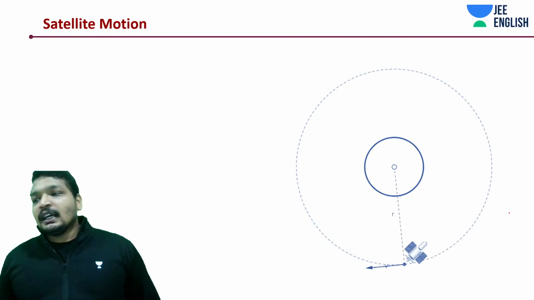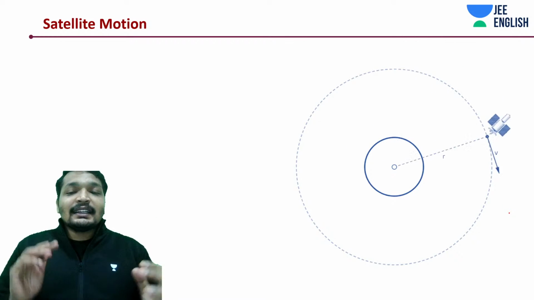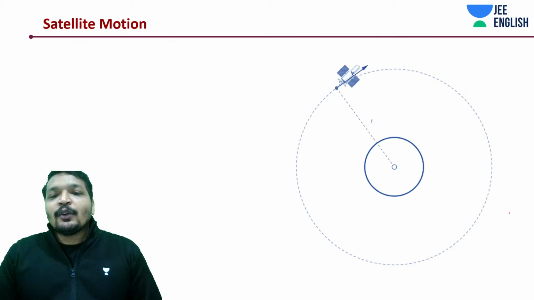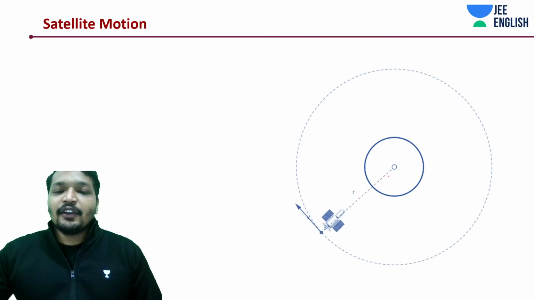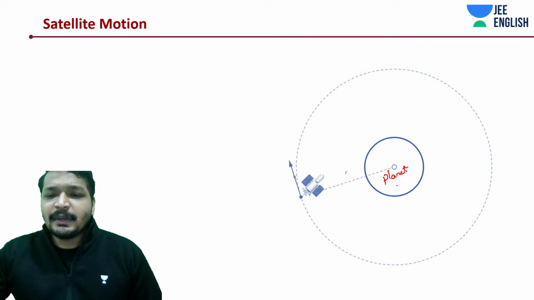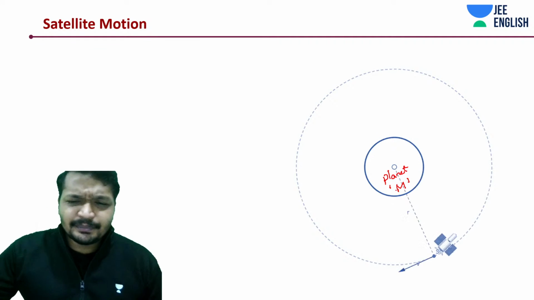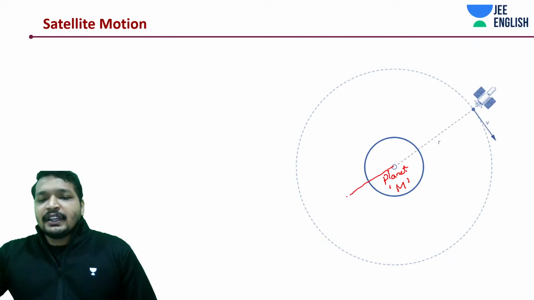So yes, today we are going to get started with one of the most important and interesting topics for your JEE preparation. Just like what you're seeing, let's say this is some planet. For now, assume this to be Earth. Even in your exam, it's going to be some planet, and let's say it has some mass, capital M, and it's having a satellite.